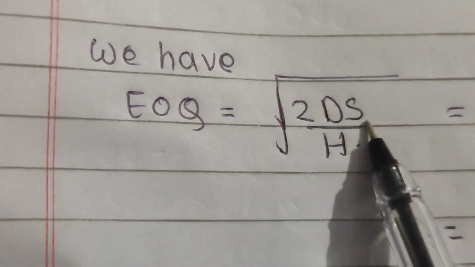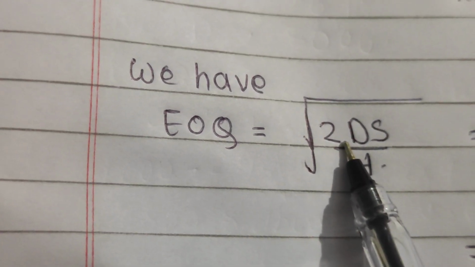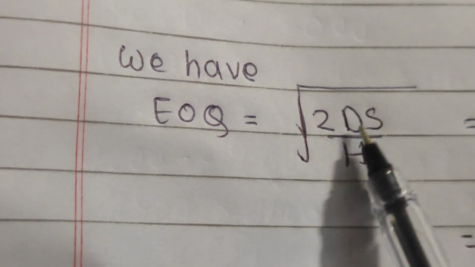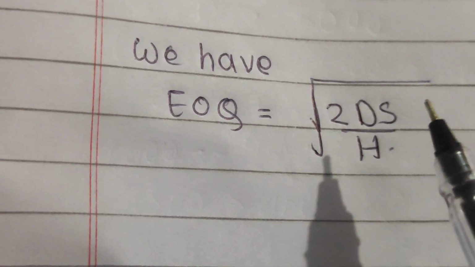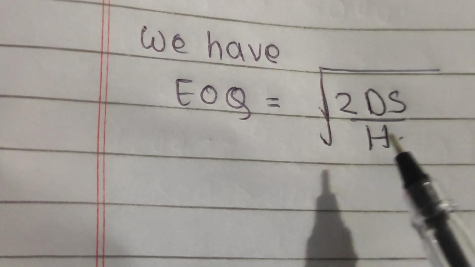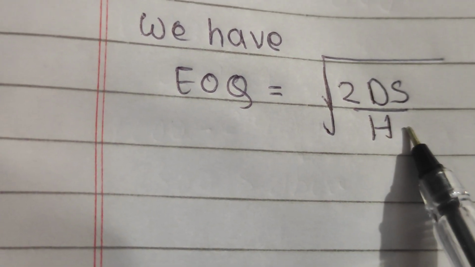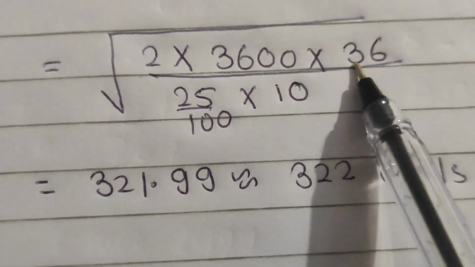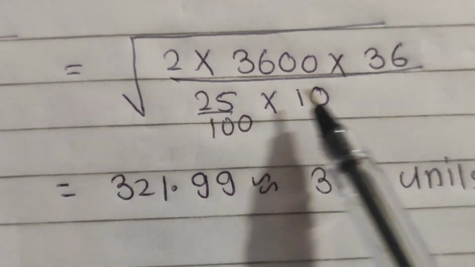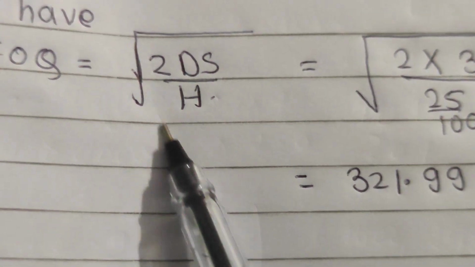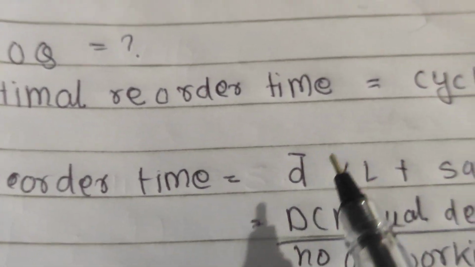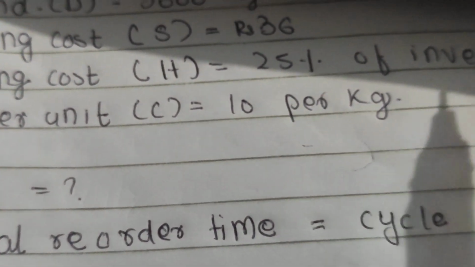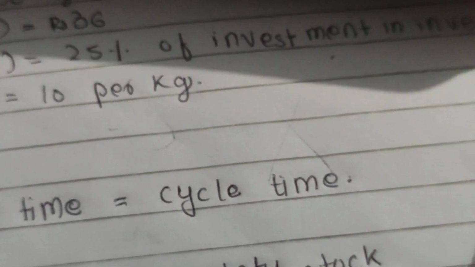root over 2DS by H, and from the question D is given by 3600, S is given by rupees 36, H is 25% of the investment in the inventory. Now we can write it as 2 into 3600 into 36 divided by H, which is given as 25% of the investment in the inventory.